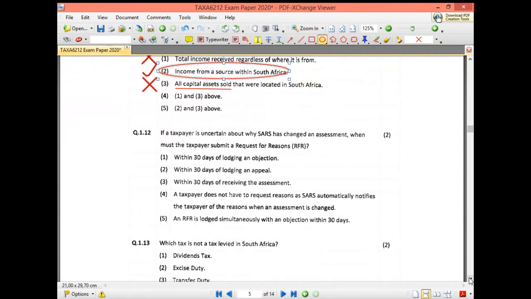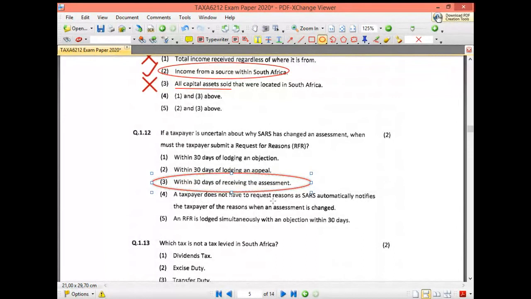Within 30 days of lodging an appeal, no, we have not appealed an objection as yet. Within 30 days of receiving the assessment, okay, so normally you would get the assessment and then you would see they've changed something and you don't understand why. So that is why number 3 is actually the answer. You would do it directly after you get your assessment. Within 30 days, you would do it.